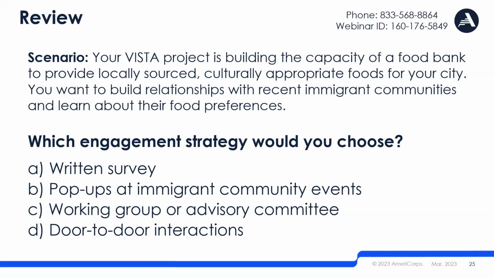So the question we have here is, which engagement strategy would you choose? Out of the option of 4, you have written survey, you have pop-ups at immigrant community events, working group or advisory committee, or door-to-door interactions. So you should see the poll pop up, hopefully. Do see several already responding. Thank you so much. I'll be quiet for a good 15 seconds to make sure everyone gets a chance to respond, and just hit submit, and I'll come right back.